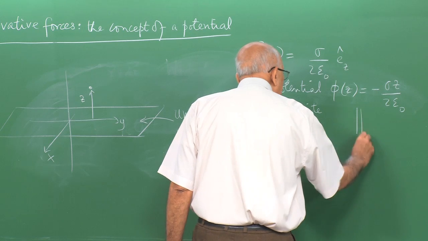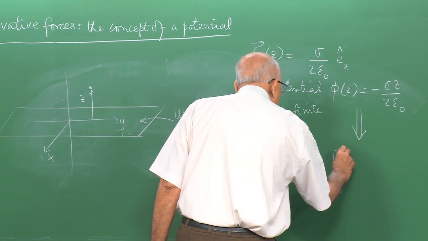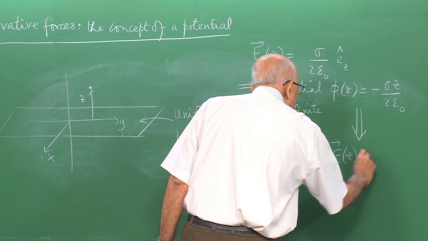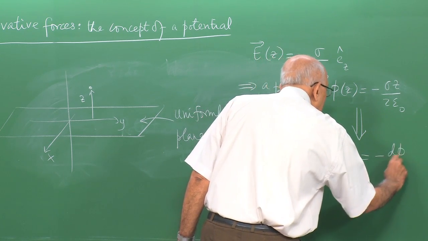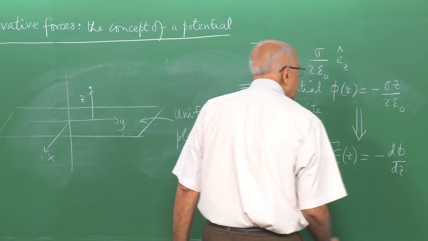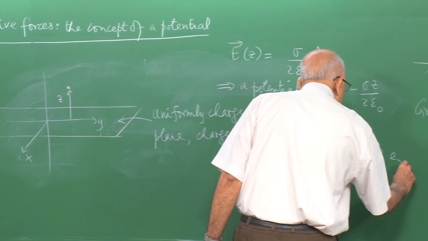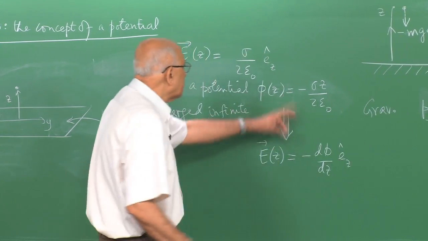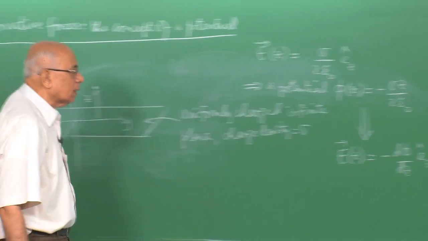And this will be that E of z equal to minus d phi over dz times Ez. The minus signs will cancel out and give me this force here.